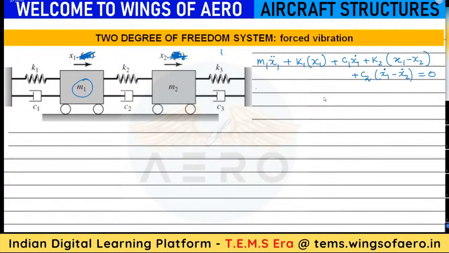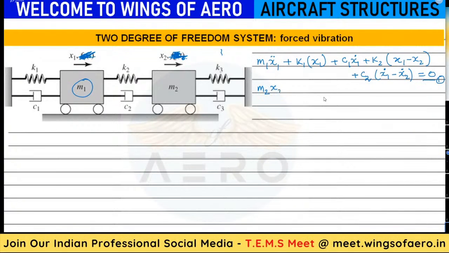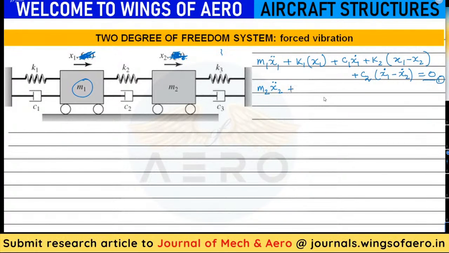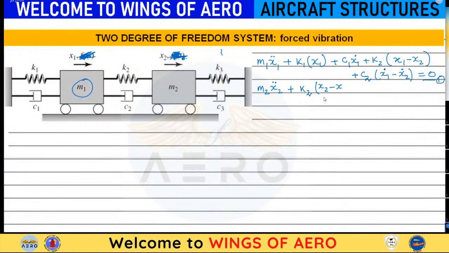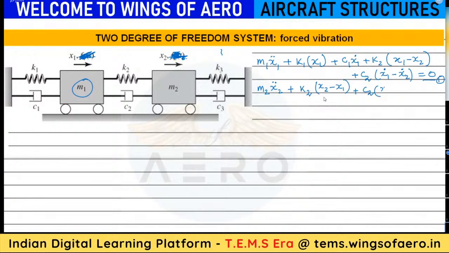Then what will be equation 2? M2 into x2 double dot plus K2 into x2 minus x1, plus C2 into x2 dot minus x1 dot.